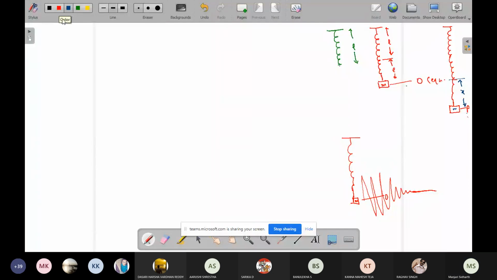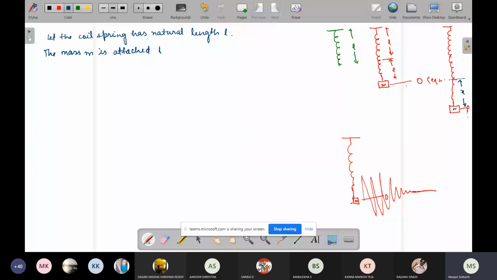Let the coil spring have natural length L, so the mass M is attached to its lower end.